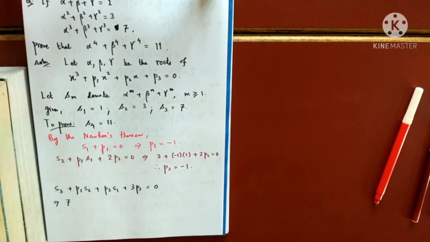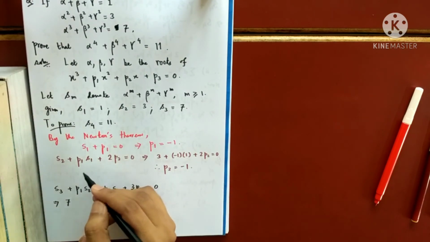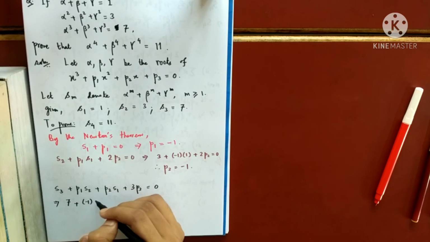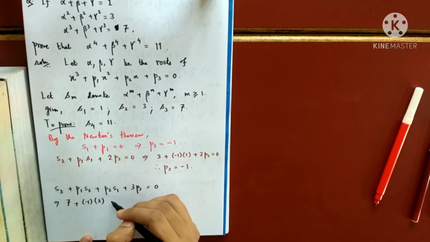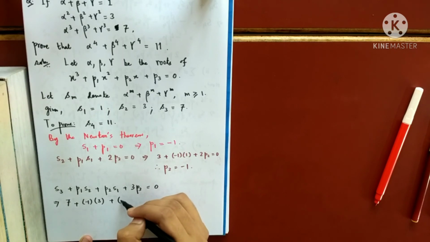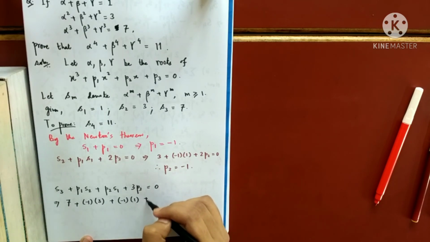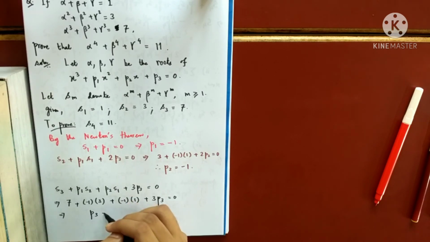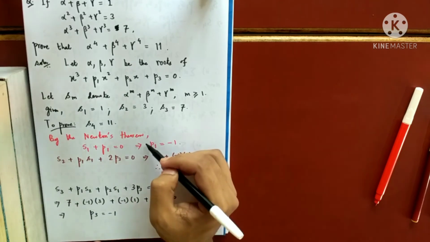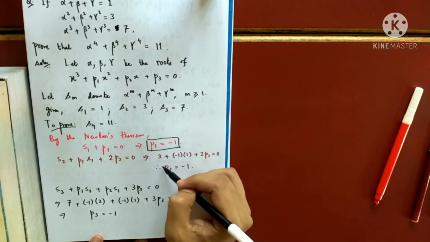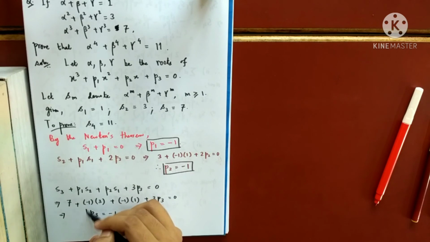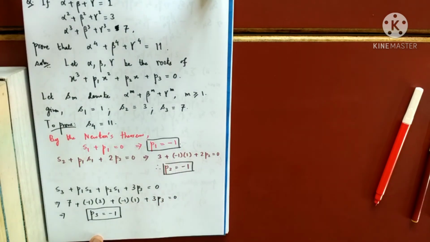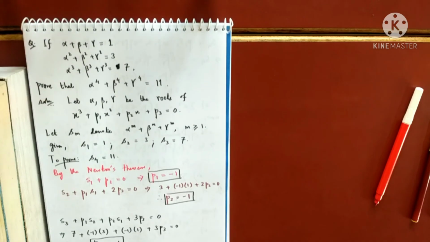P1 is nothing but minus 1, S2 is nothing but 3. Be very careful with the calculation. P2 is nothing but minus 1, S1 is nothing but 1, plus 3 P3 equals to 0. What am I getting? 7 minus 3 is 4, 4 minus 1 is 3. So P3 is again coming as minus 1. So I have the value for P1, I got the value for P2, I got the value for P3. Now all are known.